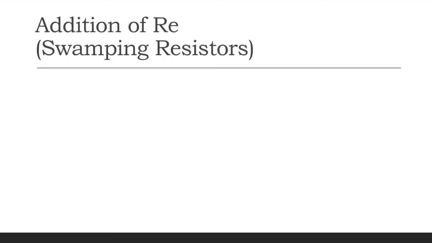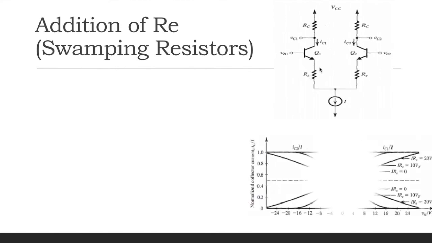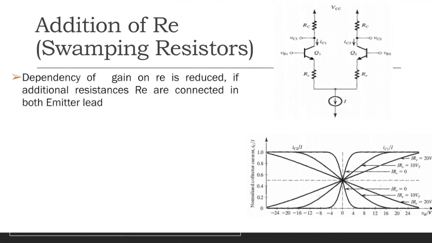Now in the same differential amplifier we can add two more resistors, two additional resistors in the transistors, and what these resistors are doing is reducing the dependency of gain on the emitter resistance.